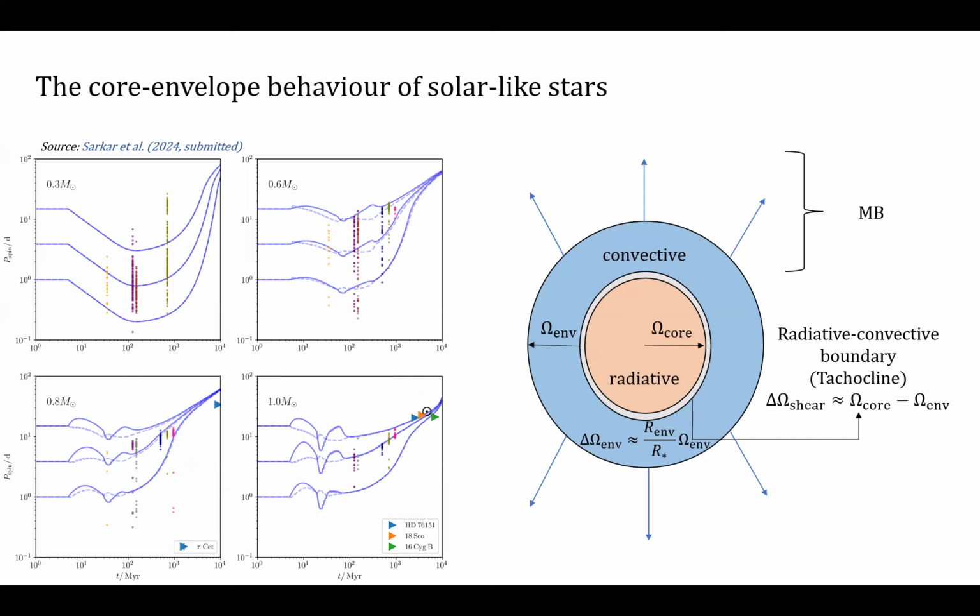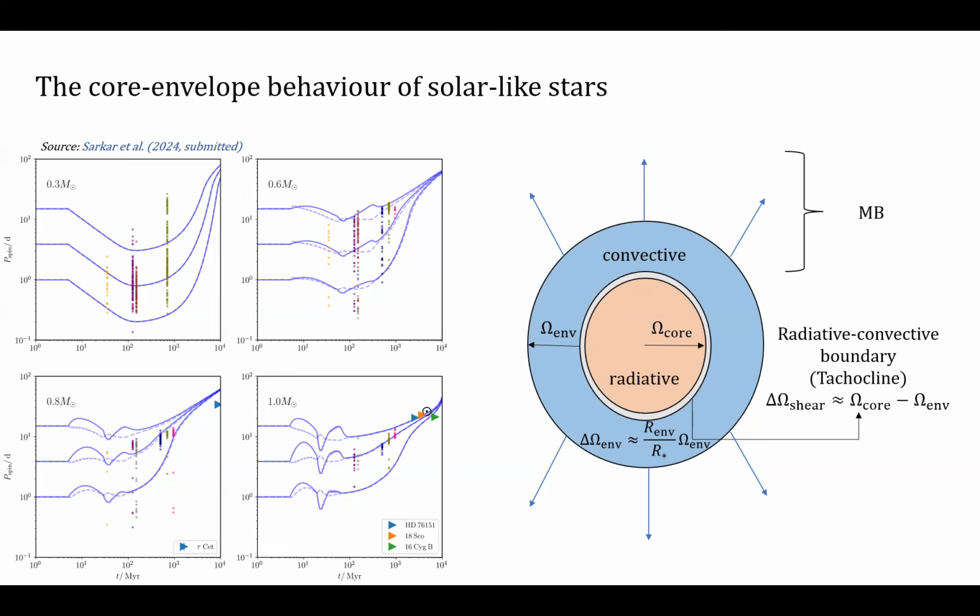If you look at the spin evolution tracks of 0.3, 0.6, 0.8, and 1 solar mass stars, we see that the envelope spins, or the whole star spins because this is fully convective, the solid lines are in general agreement with the observations of open cluster stars, which are this vertical array of dots, and also the core and the envelope attain near convergence at certain times, which match with other theoretical studies as well.